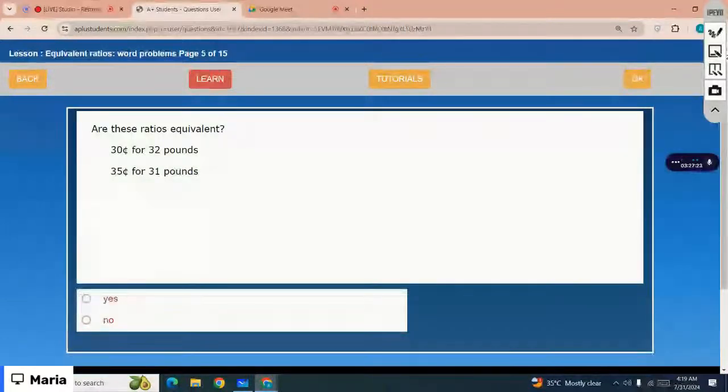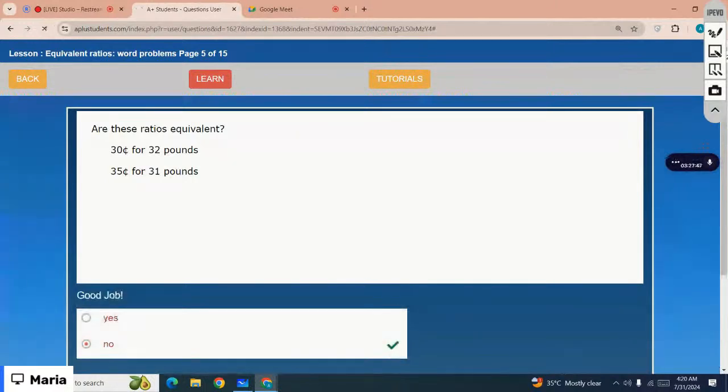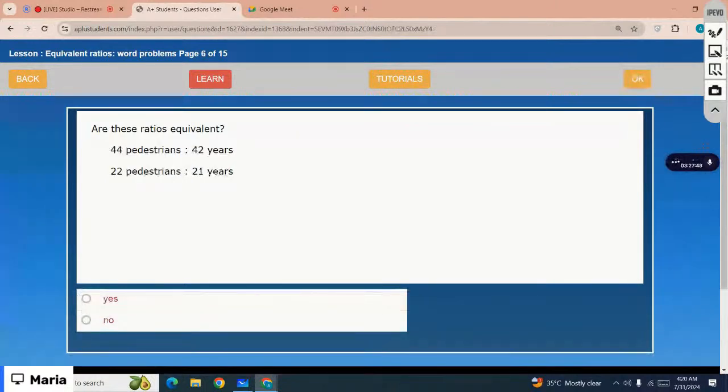Okay, are these ratios equivalent, 30 to 32 and 35 to 31? Which is the correct option? The correct option is no, they do not form a proportion, right? Are these ratios equivalent, 44 pedestrians to 42 years and 22 pedestrians to 21 years?